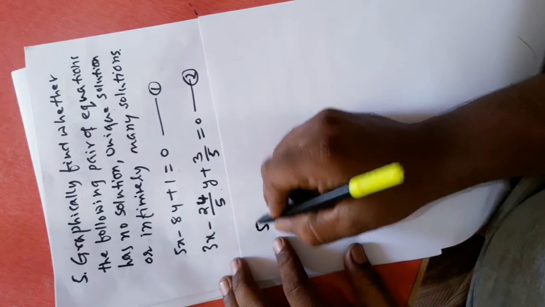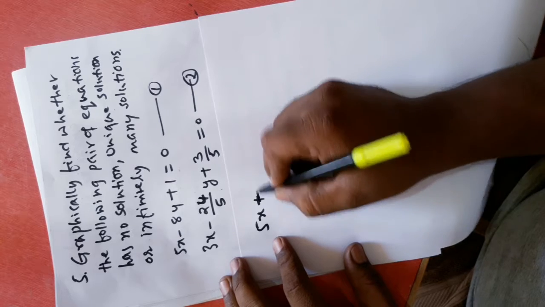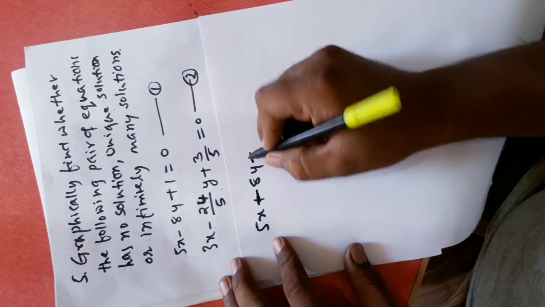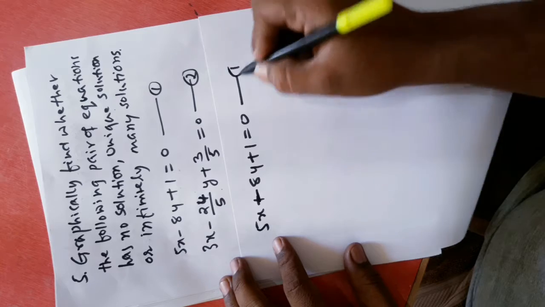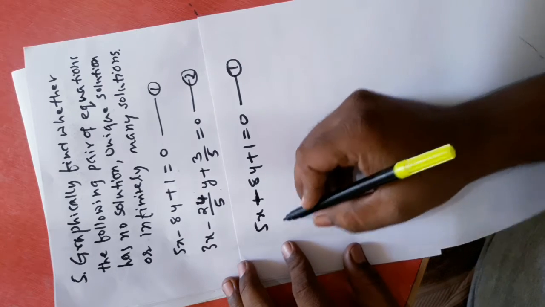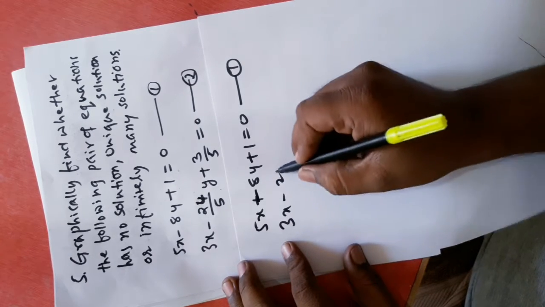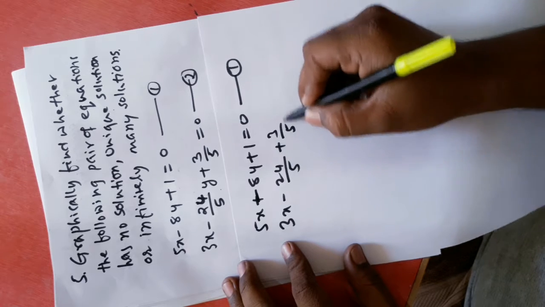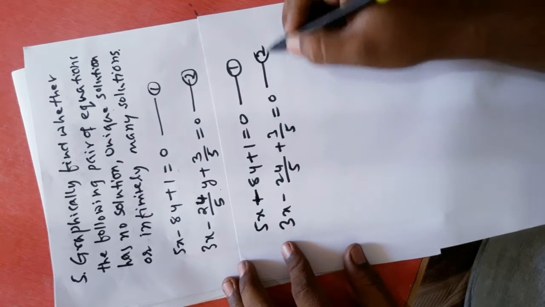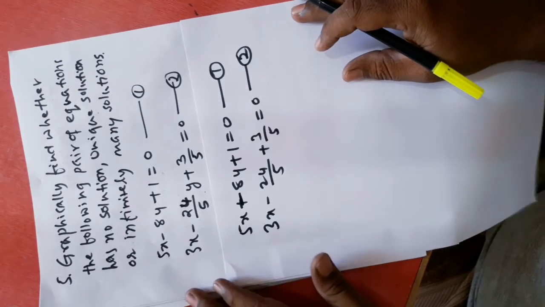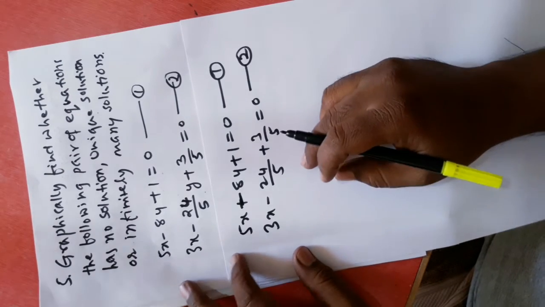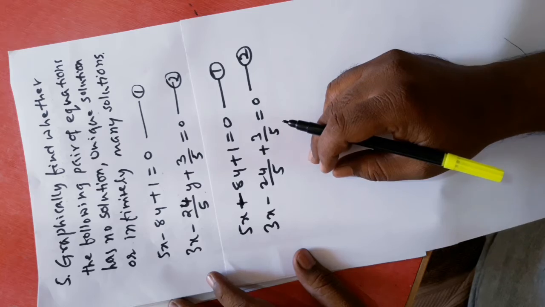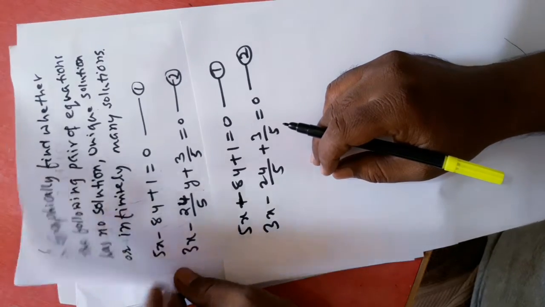See, this is 5x minus 8y plus 1 is equal to 0, one equation. 3x minus 24 by 5 y plus 3 by 5 is equal to 0 is the other equation. Now let us compare the ratios.